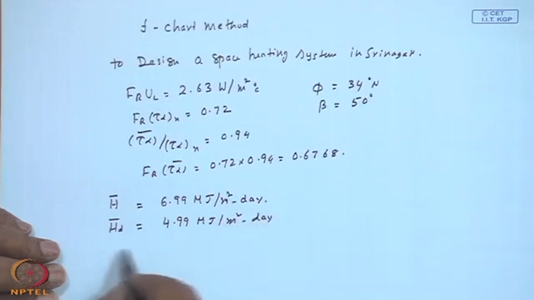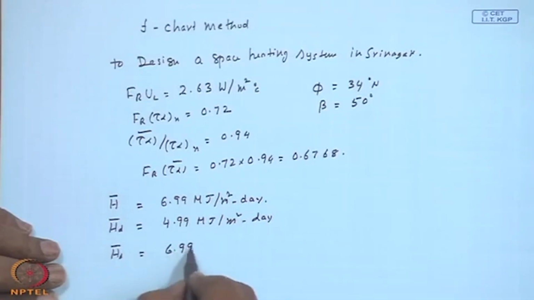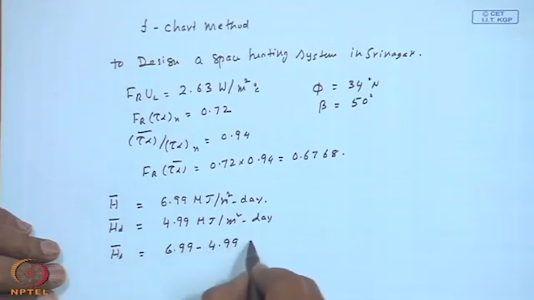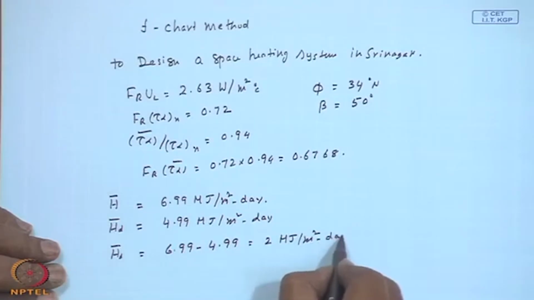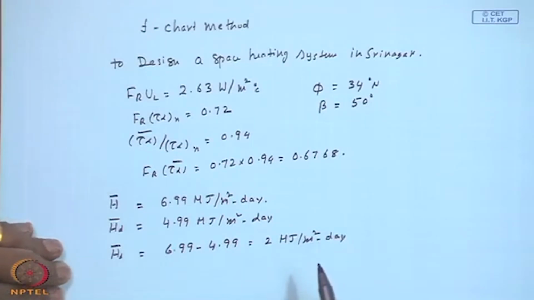So, this means your HB direct radiation is 6.99 minus 4.99, which is equal to 2 megajoules per meter square day. That means the diffuse fraction is almost 5 by 7, it is about 0.7.